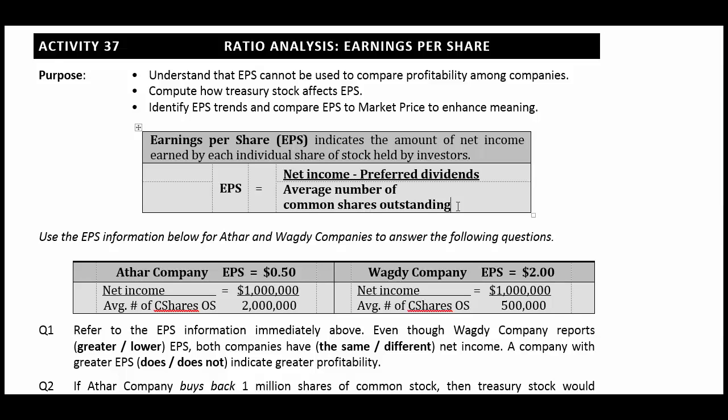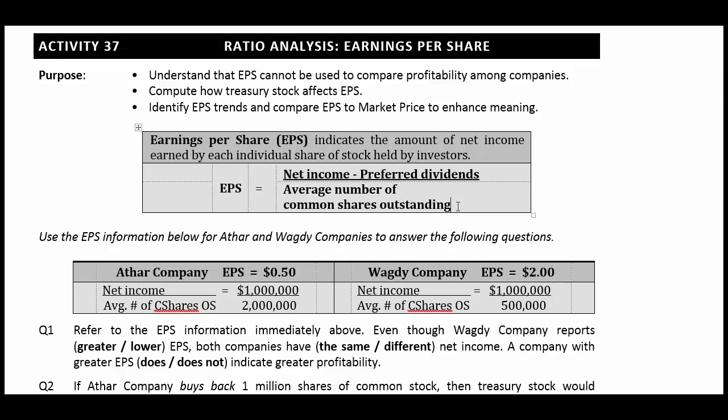Anyway, the earnings per share tells you how profitable each share is. And we're going to get to a very important point in a moment, a point that will give you a different understanding about how stocks work. Earnings per share is net income divided by the average number of shares. So let's take two companies, Attar and Wagdi, named after two of my favorite professors. Net income is $1 million for Attar, $1 million for Wagdi.